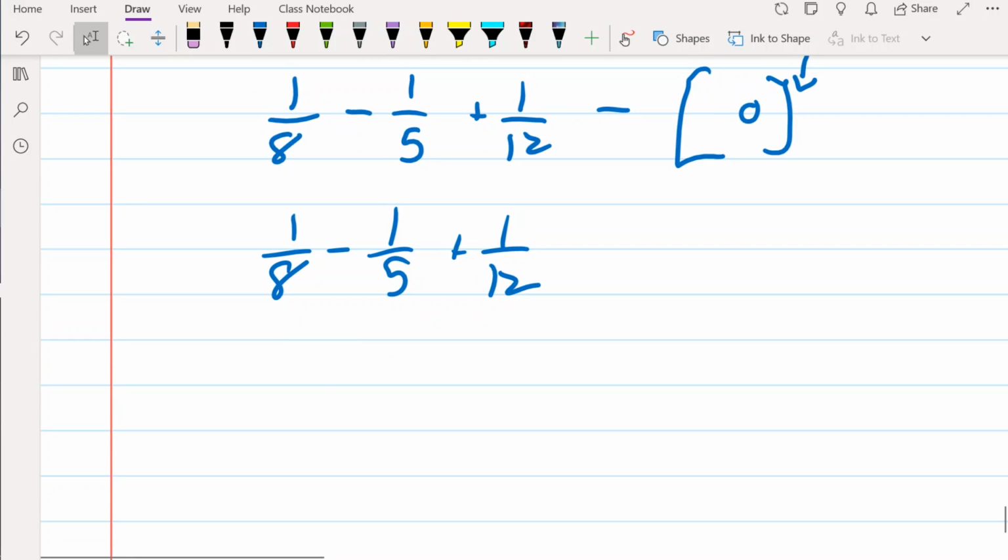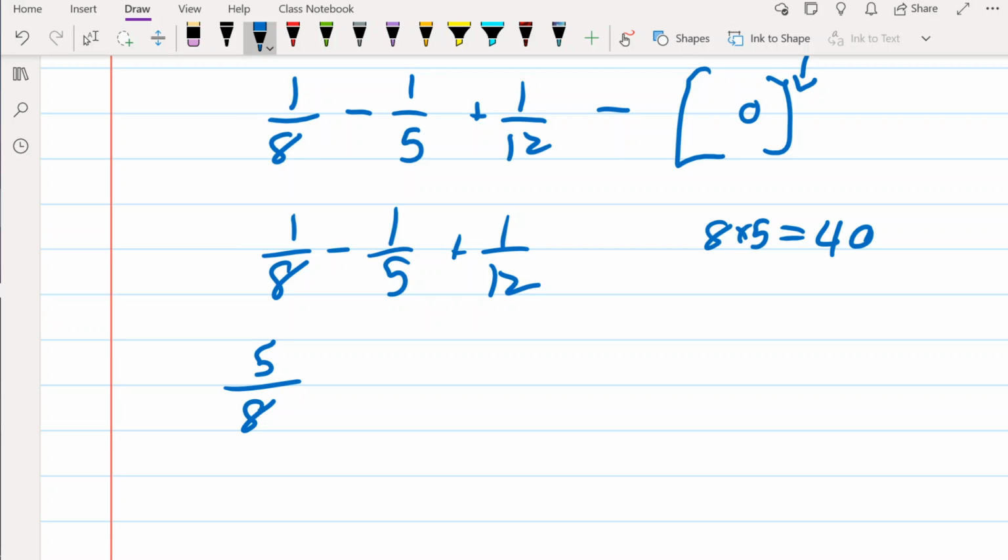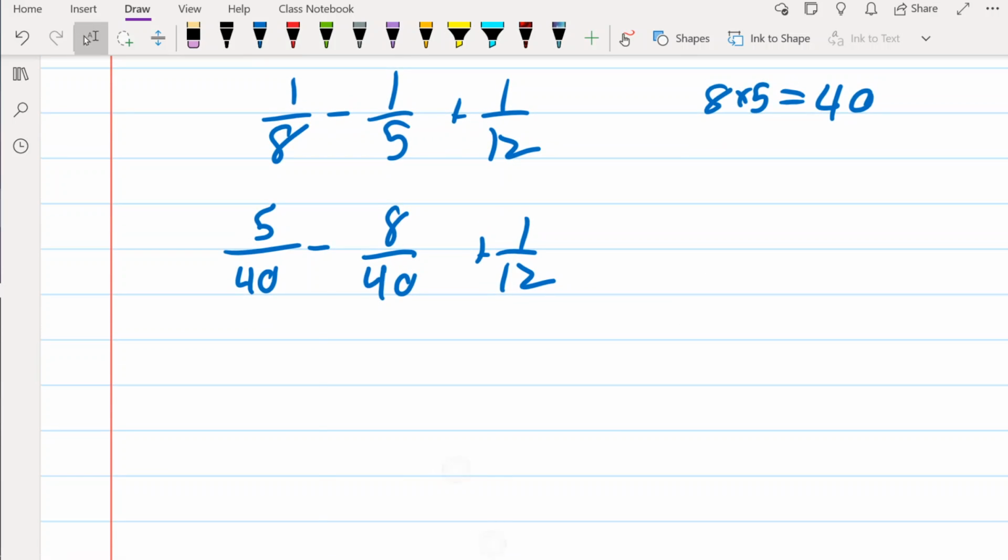And then we could simplify this if we wish. We can try finding the least common denominator, which I would take 8 times 5, which is 40. So we're going to multiply, this will be 5 over 40, because you have to multiply by 5 on both parts, minus 8 over 40, over 12. So this will be 3 over 40 plus 1 over 12.